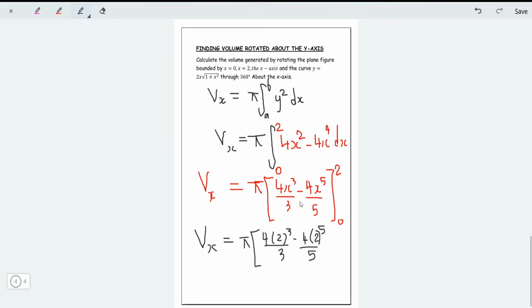And when you plug in 0, you know you're just going to get 0 minus 0. So we don't need to worry about that part.